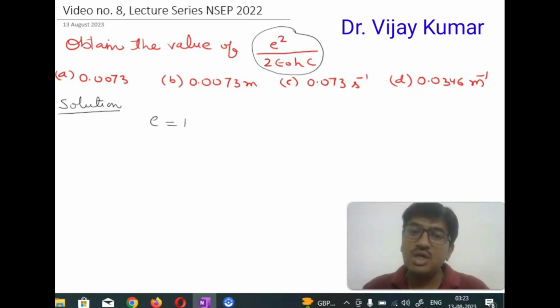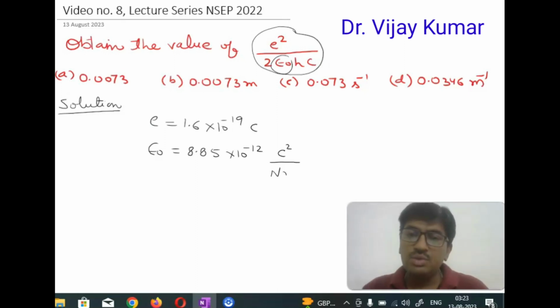e means charge of electron. The value of charge of electron is 1.6 into 10 to the power minus 19 coulomb. This is epsilon naught, the permittivity of free space, 8.85 into 10 to the power minus 12, and the unit of epsilon naught is coulomb square upon Newton meter square.